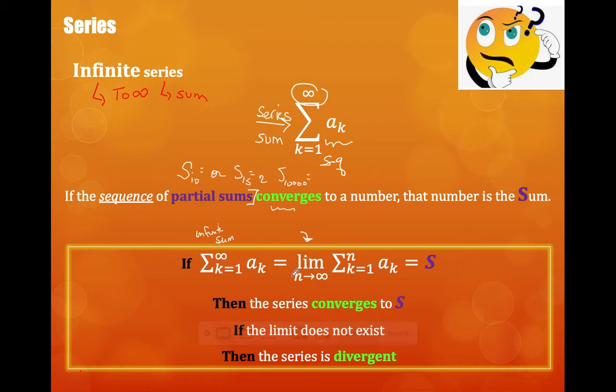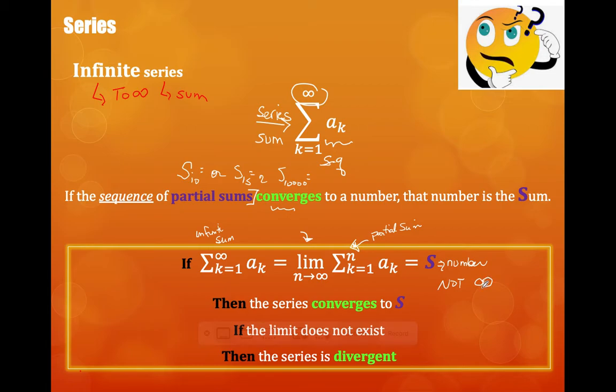But if the limit as n goes to infinity of the partial sums is a number, in other words, it is not an infinity, because we've done limits that go to infinity.